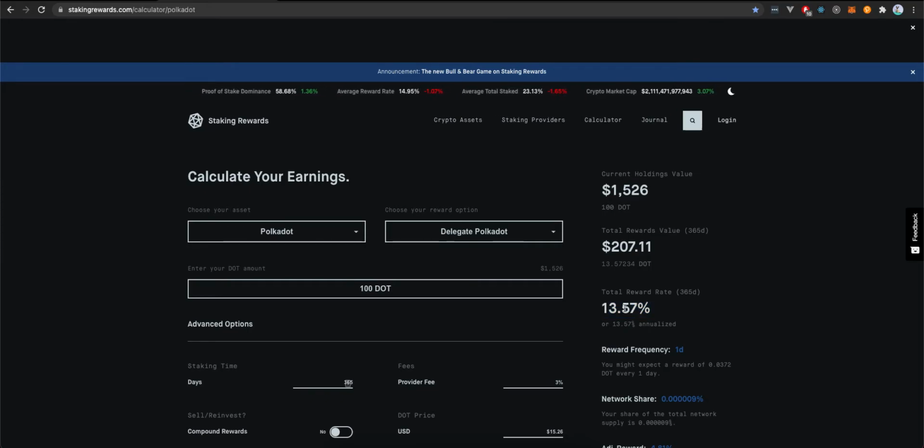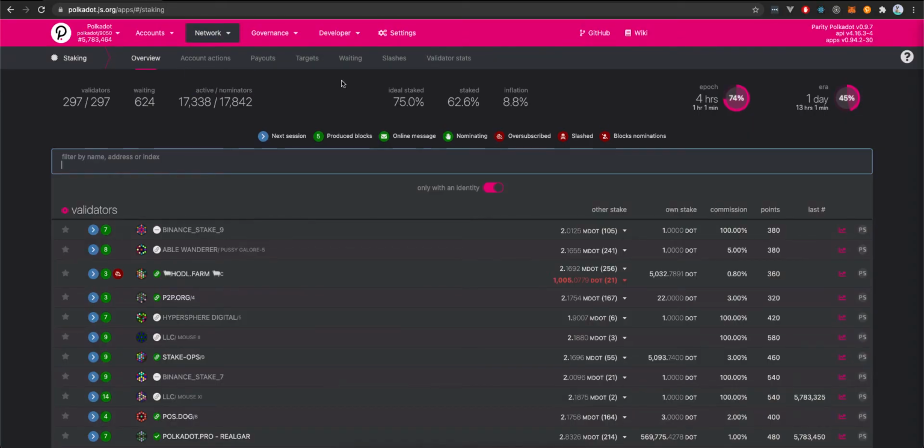So always keep this in mind, because it would look very fancy to have a 13.5% net annual return from Polkadot, but essentially it's not true. You always have to consider the inflation. And in reality, you're getting 3.5 or 4%, which is still not bad. So yeah, this is about this view.